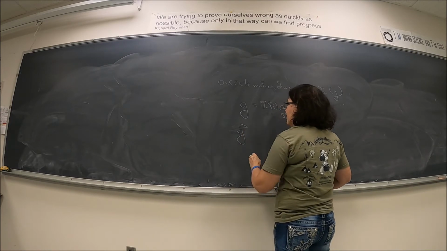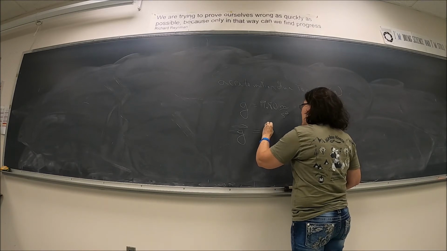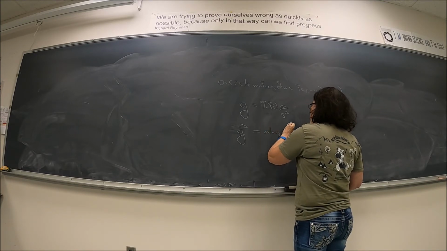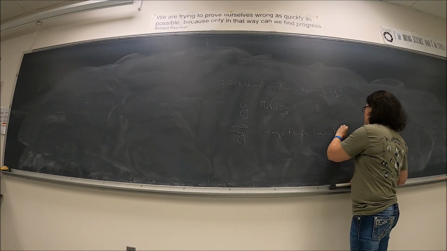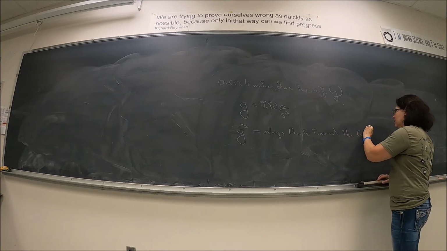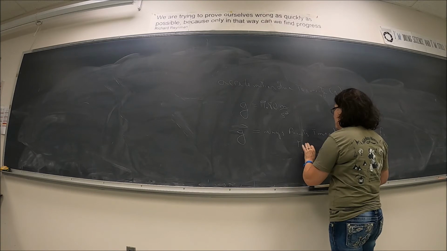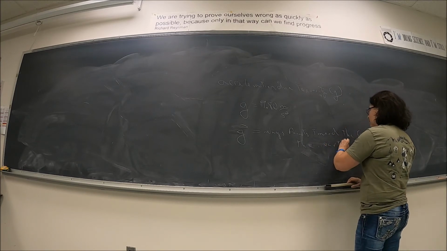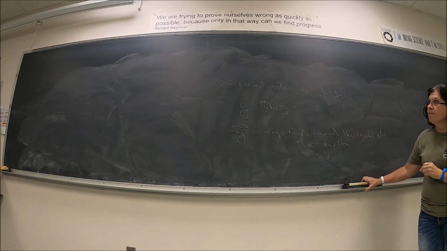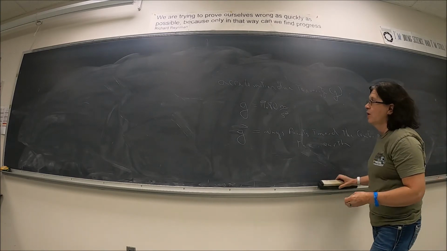G, the acceleration vector, always points toward the center of the Earth. Okay? It always points down toward the center of the Earth.